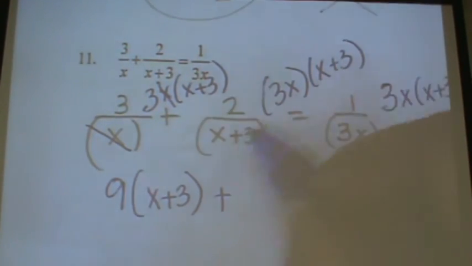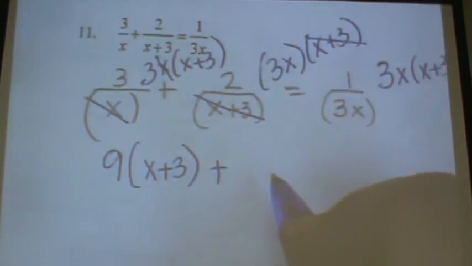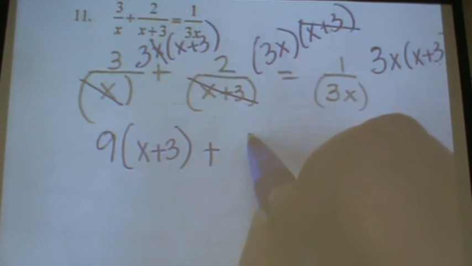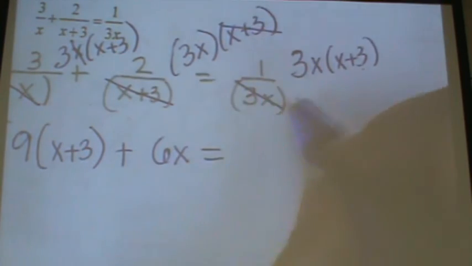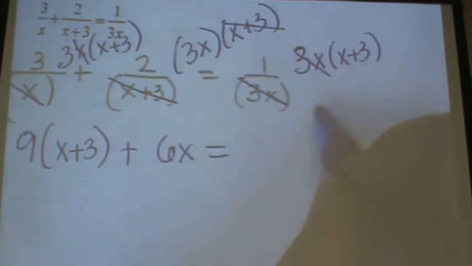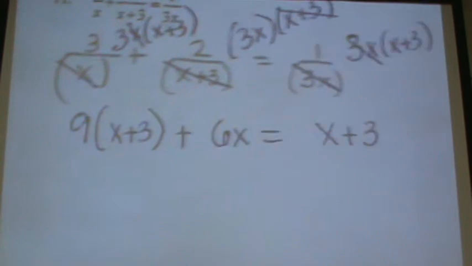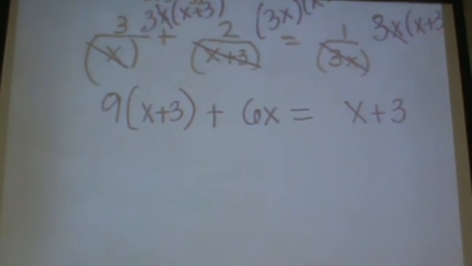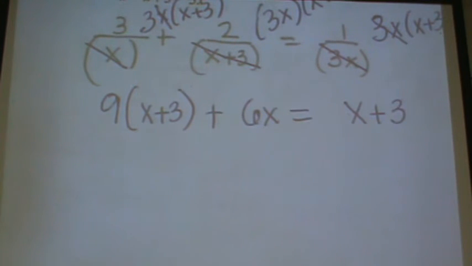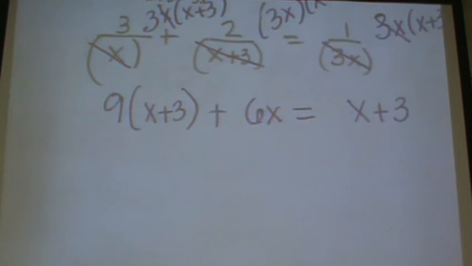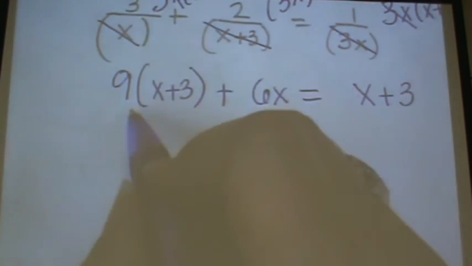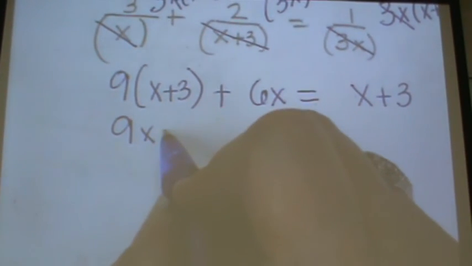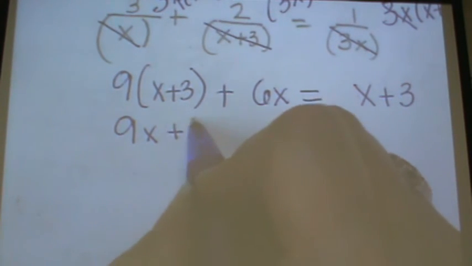What cancels here? X plus 3. So what's left? 3 times 3. 6x. And what's left here? X plus 3. Okay, so now what? What else? 9x, 27.